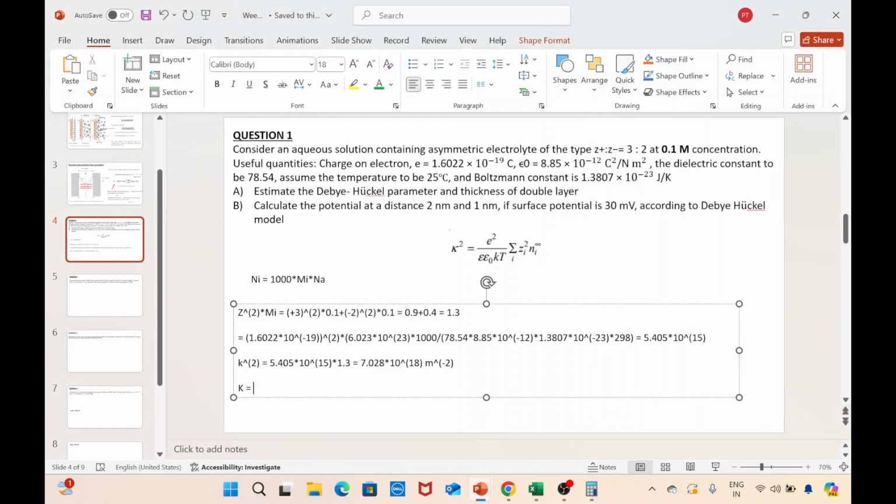So 2.65 times 10 to the power 9 meter inverse. So this is your Debye-Huckel parameter.